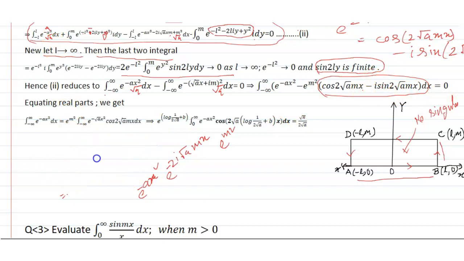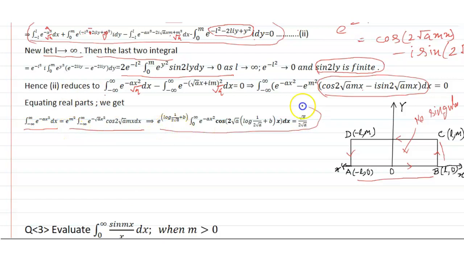So again, I discuss that the integral from minus infinity to infinity of e to the power minus ax square is equal to e to the power m square, equal to these positions. I get these positions because I have already told that m is equal to log of 1 by 2 root a plus b.